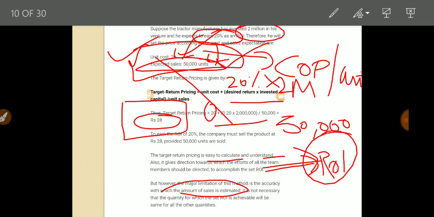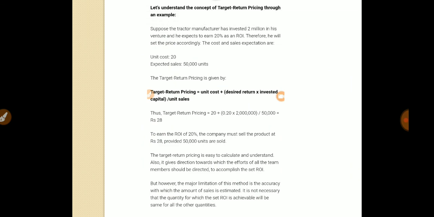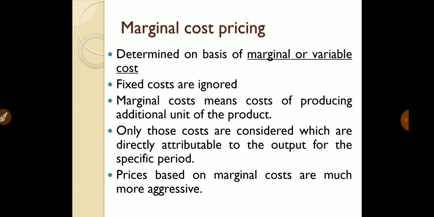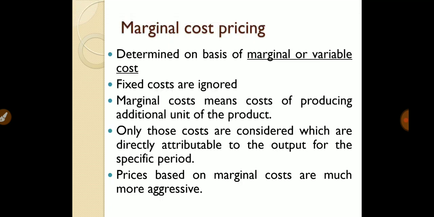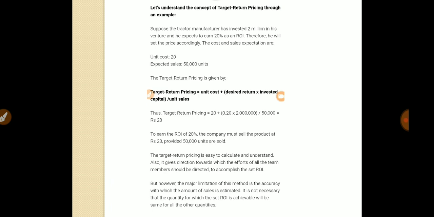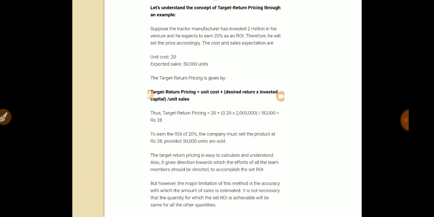So whatever is your unit cost, you're going to add to it your desired rate of return into invested capital divided by unit sales. You will get the target return pricing. The disadvantage of this particular method is that you will have to estimate your sales very carefully, but the advantage is that it's easy to calculate and you are actually going towards your objective.